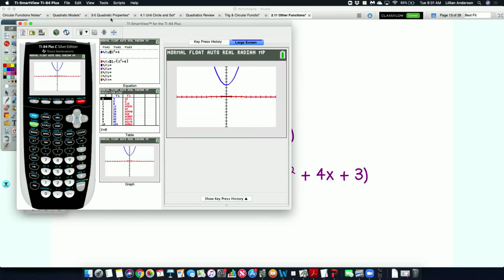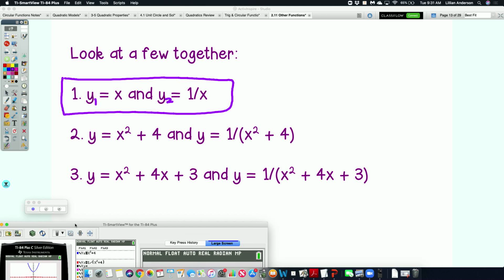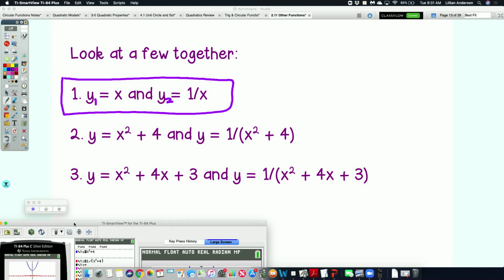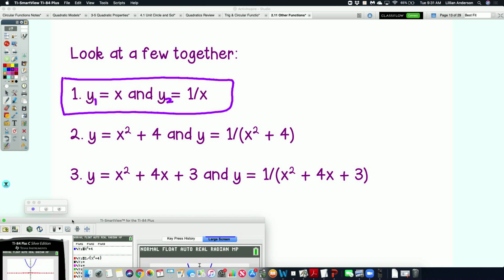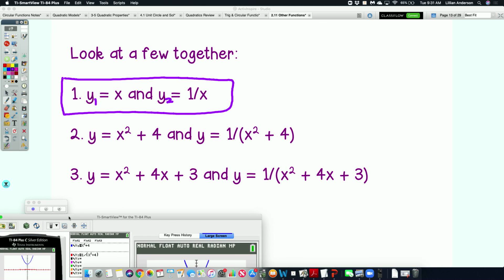Let's look at the last one. Type that one in: x squared plus 4x plus 3, and then 1 over that function.